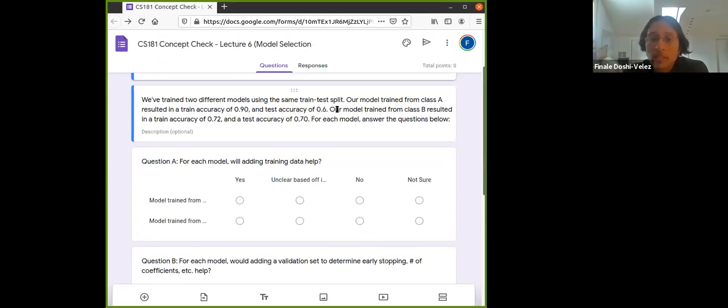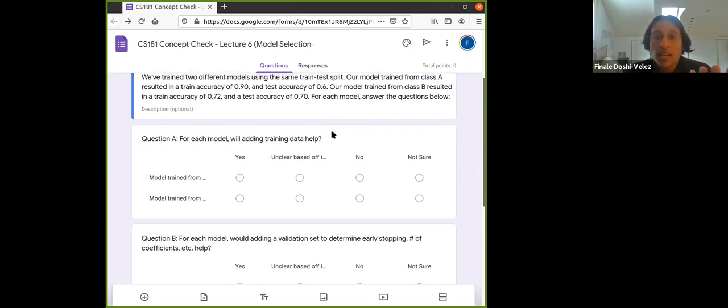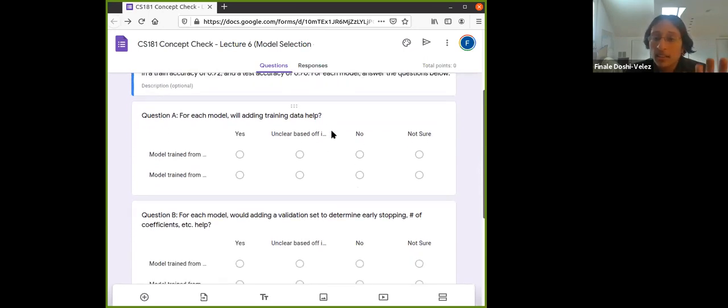So on new data, it drops to 0.6. Model B, on the other hand, when you train it, has a lower accuracy, 0.72, but when you try it on new data, it has a value of 0.7. So given only this information, we want to ask, will adding additional training data perhaps help?